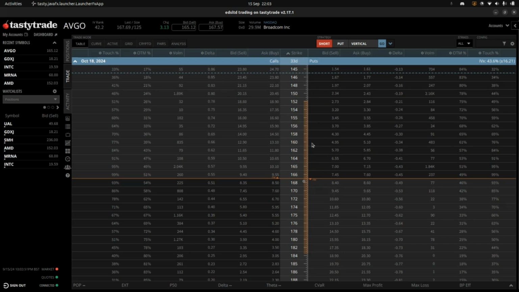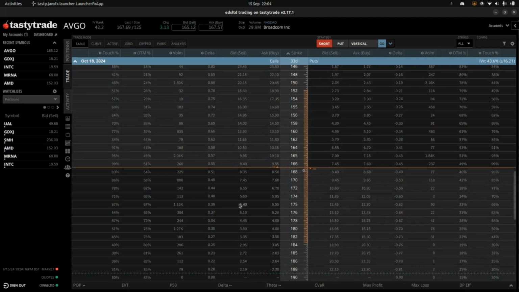We want the underlying to expire far away from the strikes that we've sold. We want our contracts to expire worthless, out of the money. So when it comes to choosing what strikes we're going to sell, we're going to want to pick strikes outside of this orange bar.